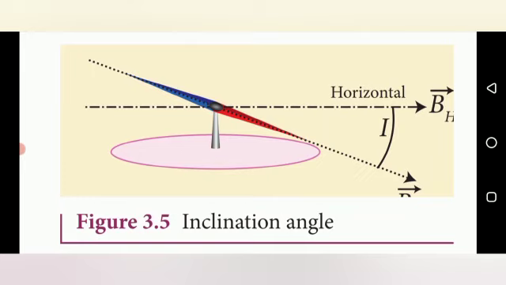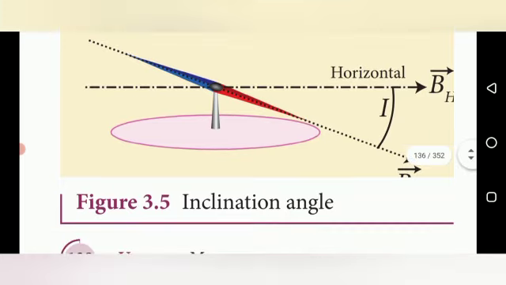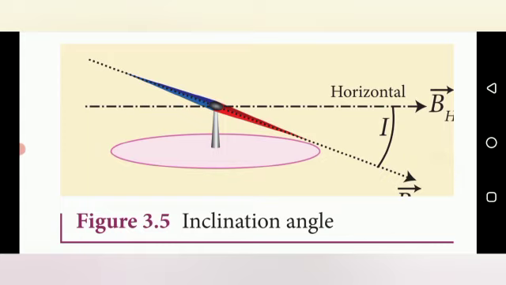The resultant of BH and BV is considered as BE. So that is the net Earth's magnetic field.